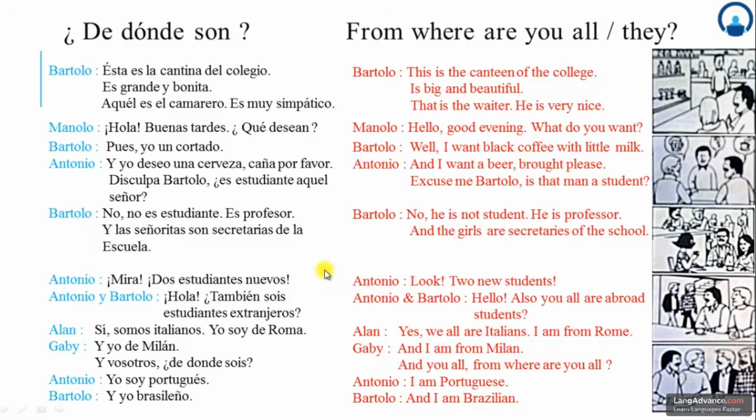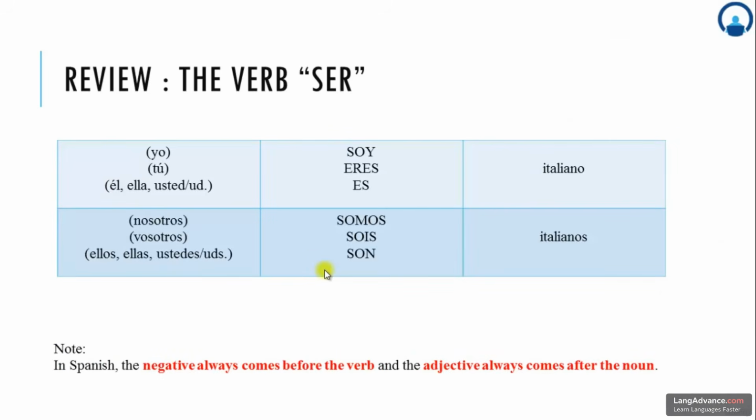Now that we have seen the numbers, let's move ahead and review the verb ser one more time. As I said, this is the most important basic grammar you have to learn. So let's revise it one more time.